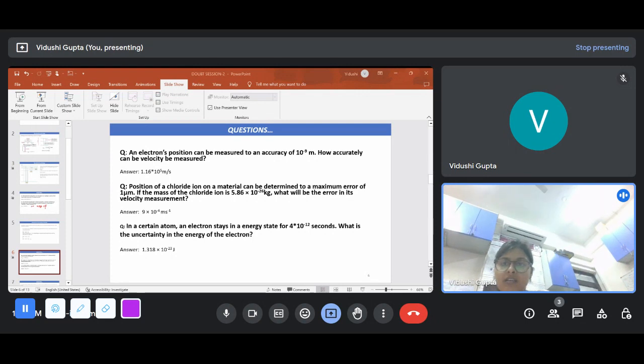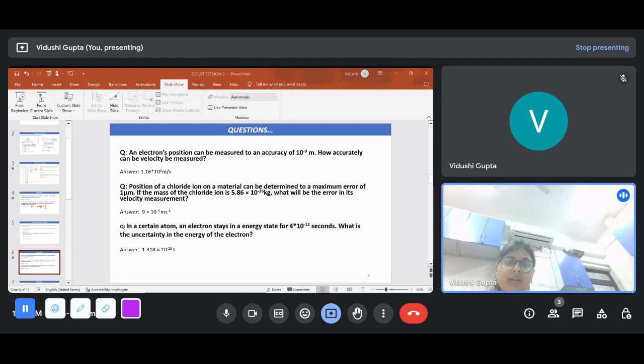Mass is in grams, so we'll convert it into kg. It will be 150 by 1000, that will be 0.15 kg. And for velocity, it's given 220 meter per second to an accuracy of 0.065%, so we just multiply it with 220.